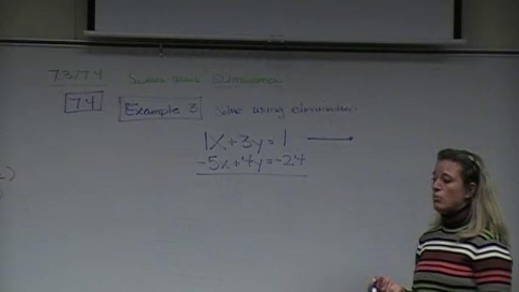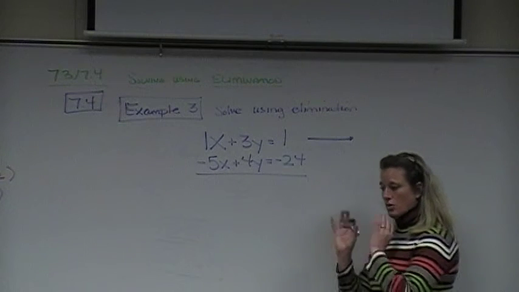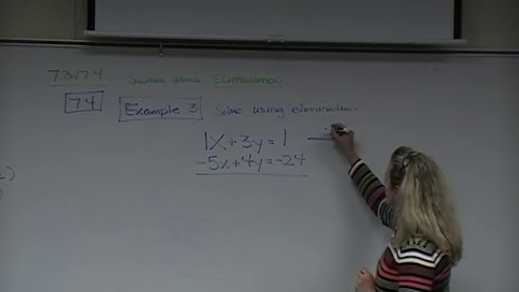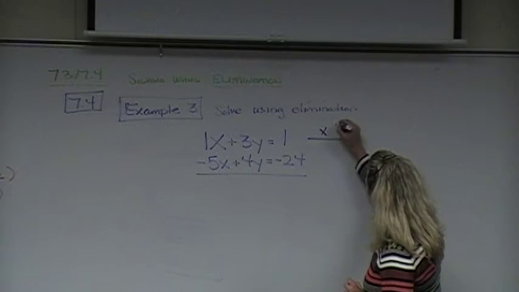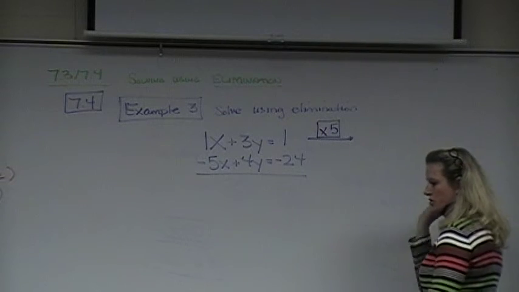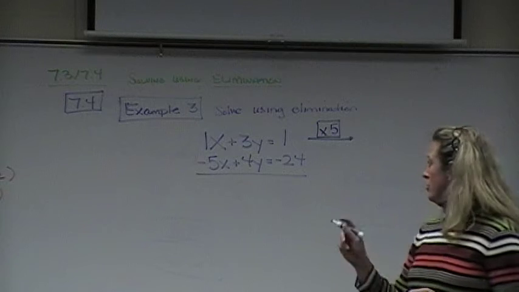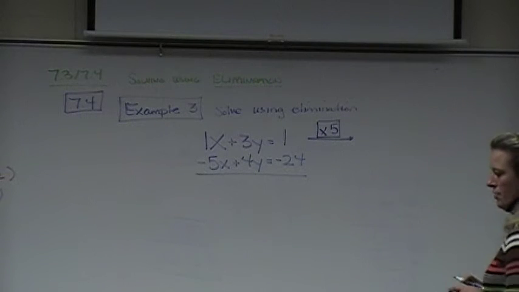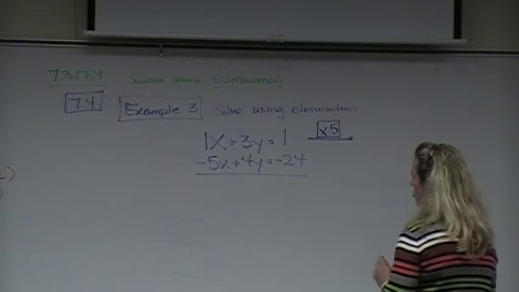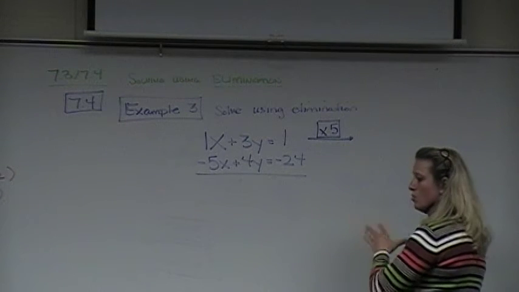She said negative, but we don't need to multiply by any negative numbers. We can always multiply by a positive. We're going to multiply the whole top equation by positive 5, because what we produce is an equivalent equation to x plus 3y equals 1.